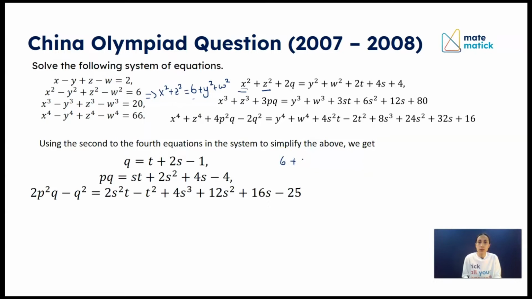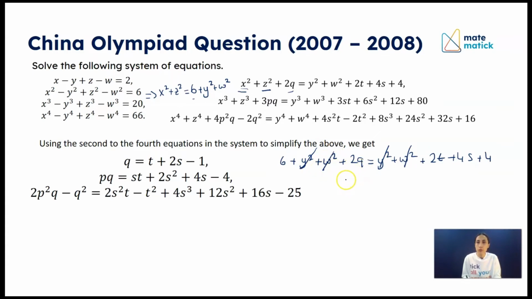So it is 6 plus y squared plus w squared plus we have here 2q, okay, and this is equal to y squared plus w squared plus 2t plus 4s plus 4, okay. So as you can see here, y squared and w squared, y squared and w squared, they cancel out each other.